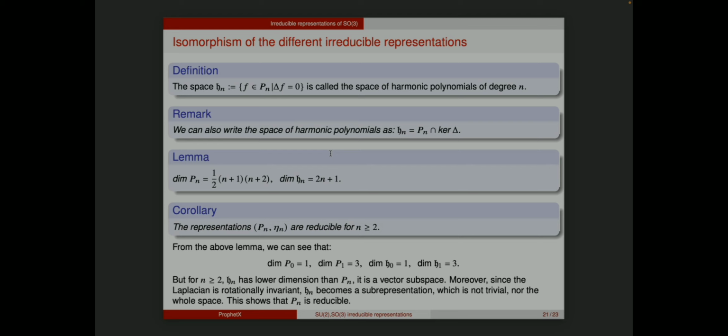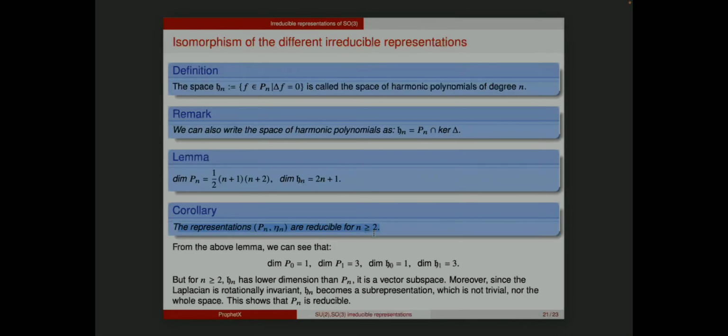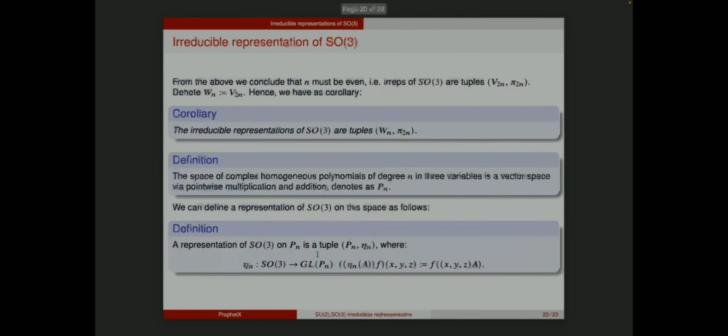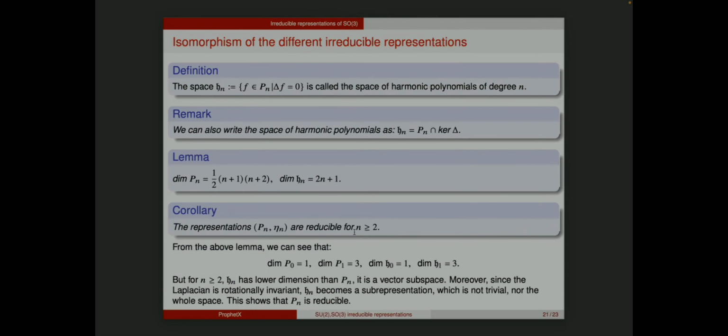And using this lemma, we see that the representations Pn, eta n, which I defined here, are reducible if n is greater or equal than 2. So the only irreducible representation is P1, and that's a strong claim. And to see this, it simply follows from dimensional arguments.